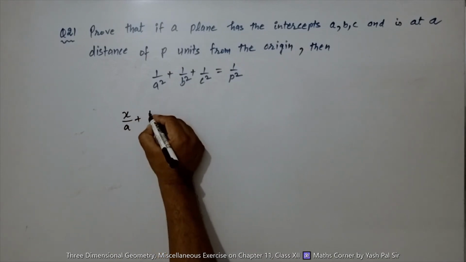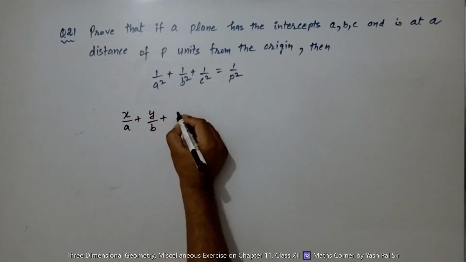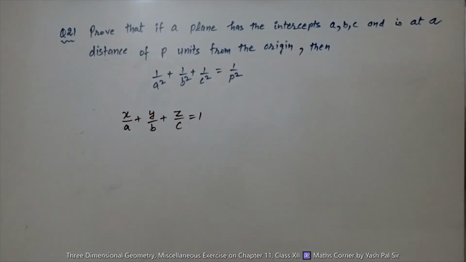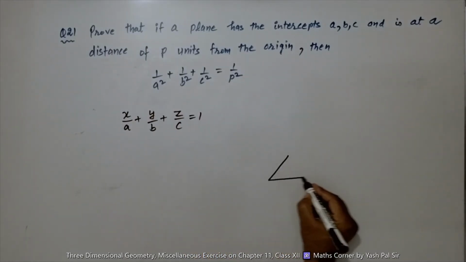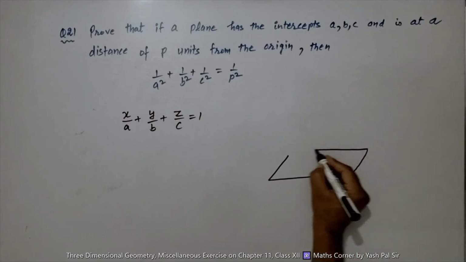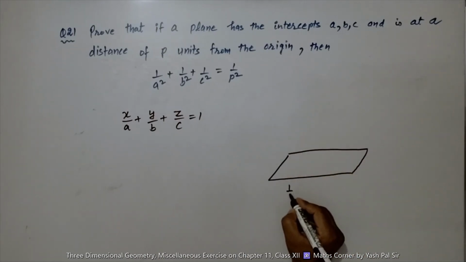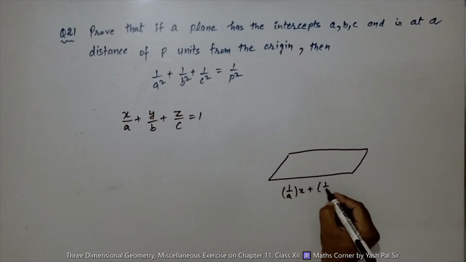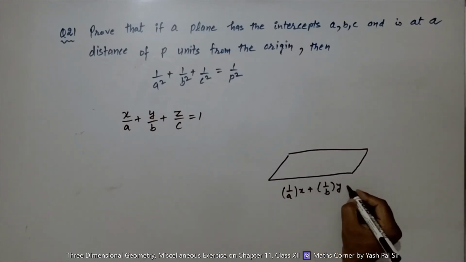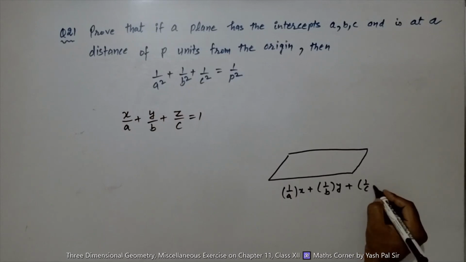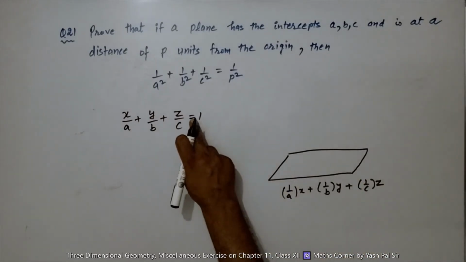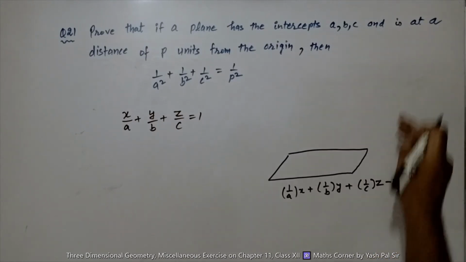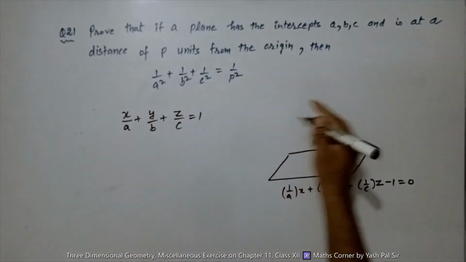The intercept form of the plane: x/a + y/b + z/c = 1, right? So here this is the plane. Its equation is (1/a)x + (1/b)y + (1/c)z - 1 = 0.